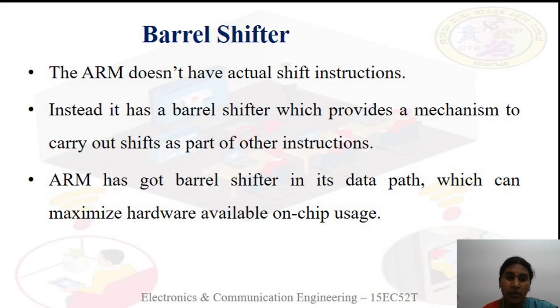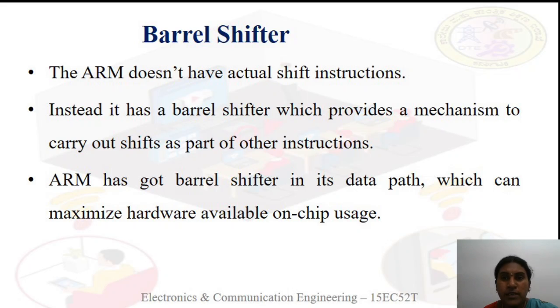But ARM doesn't have actual shift instructions. It means there is no instruction in ARM to specifically tell it to shift right or left. This is a main drawback in our ARM controller. So what did the designers think?